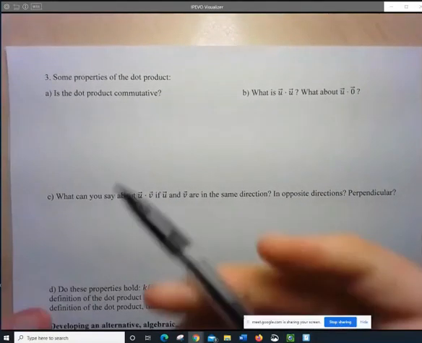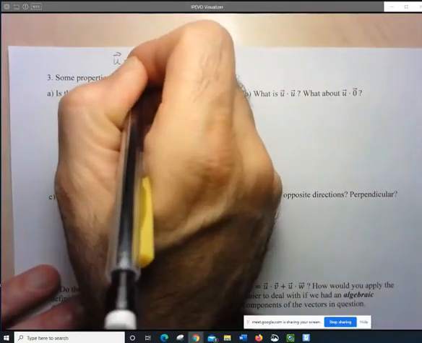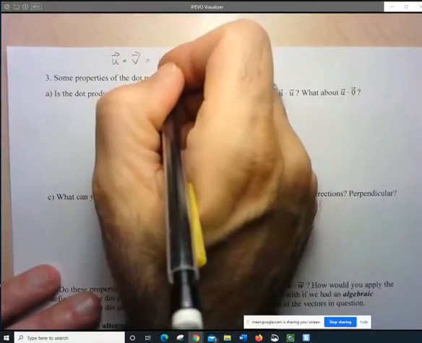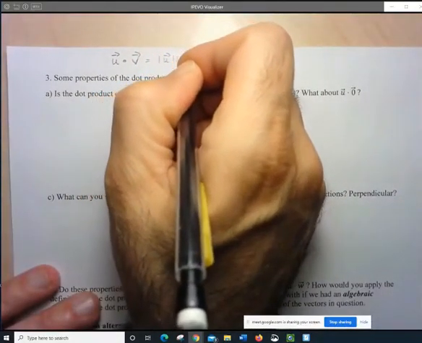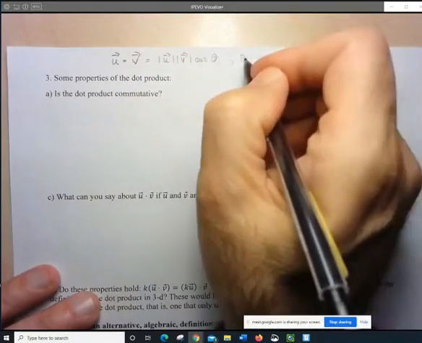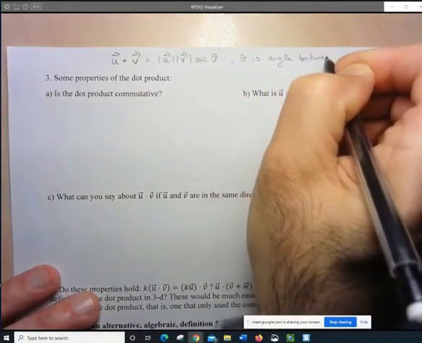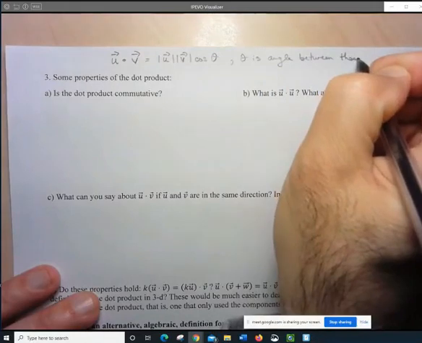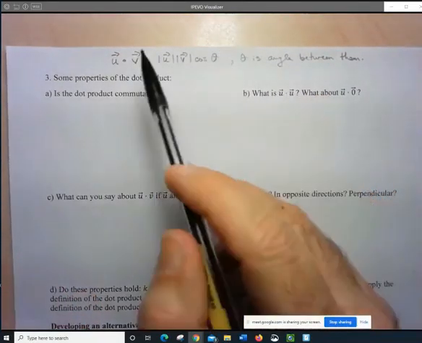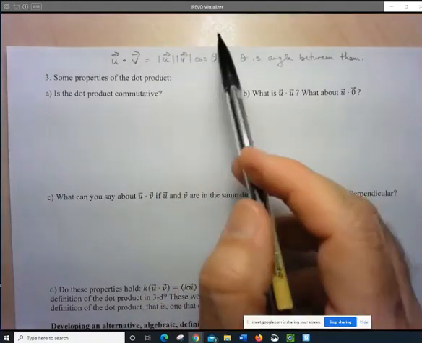Okay, so what I want you to do is remember the definition of this product. It's the magnitude of the first times the magnitude of the second times the cosine of the angle between them. So theta is the angle between them. Now we came up with a definition inspired by one dimension, but this is the definition we're going to take to 2 and 3 dimensions.